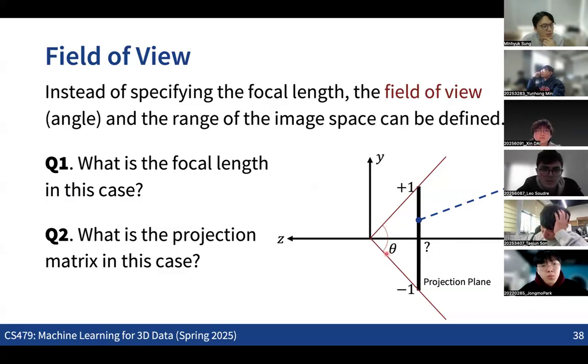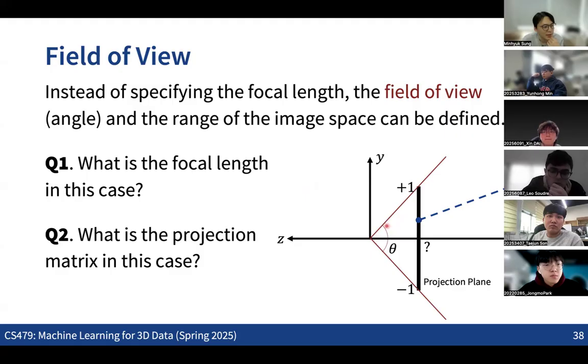Then you can see that when you define the range of the image plane, for example from -1 to +1, and also set the angle here, based on that we can calculate the focal length and do all the calculation for the projection matrix, right? So let me skip this, but you can try this yourself and see what you get.